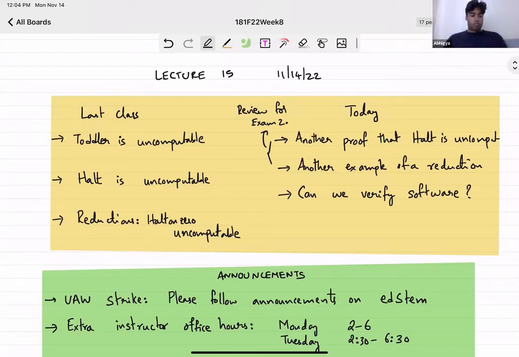And what I want to do today is first review a little bit of what we discussed in the last lecture. There were many questions on @stand about the reduction for halt on 0 in particular, and also why halt itself is uncomputable. So what I want to do today is do another example of a reduction, just so that the definition and its use is clear.